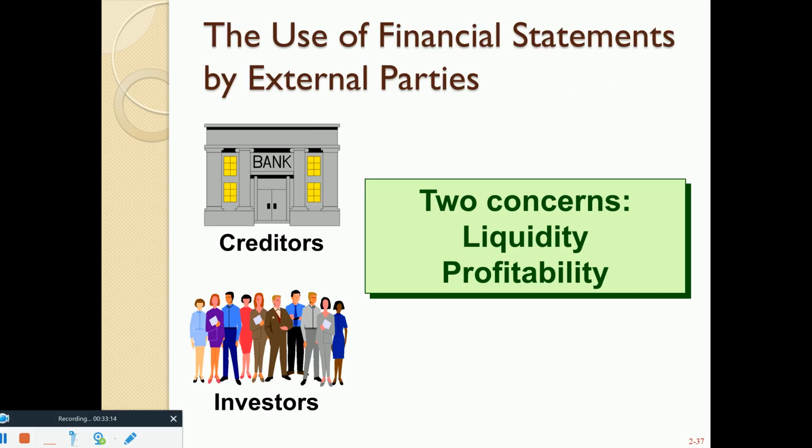Okay, now, external parties like a bank or potential investors are interested in making sure that the company is liquid and profitable. What do we mean by that? Liquid means there's an ability to convert everything to cash.